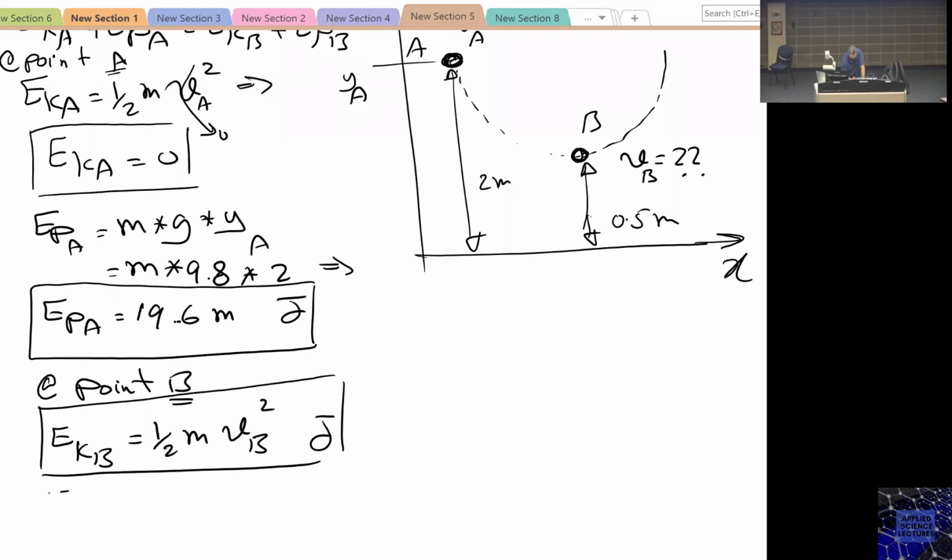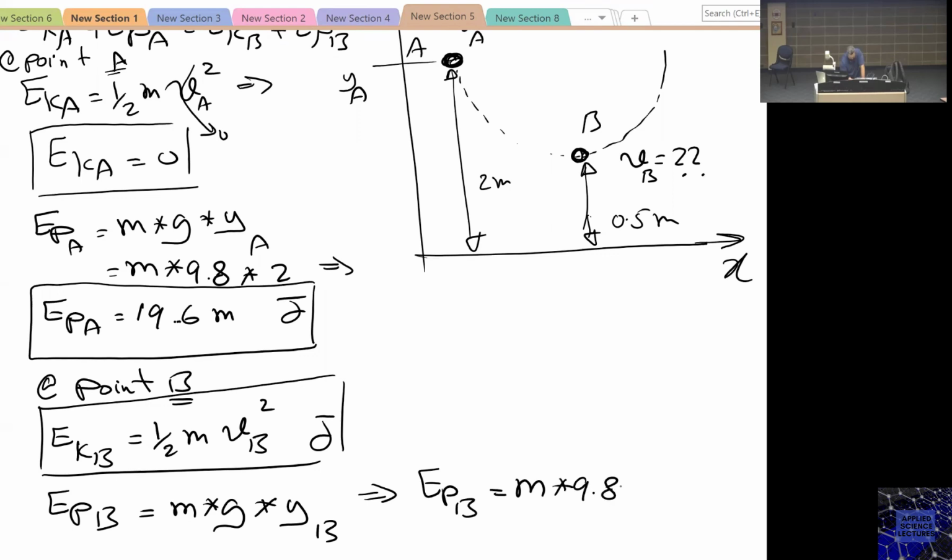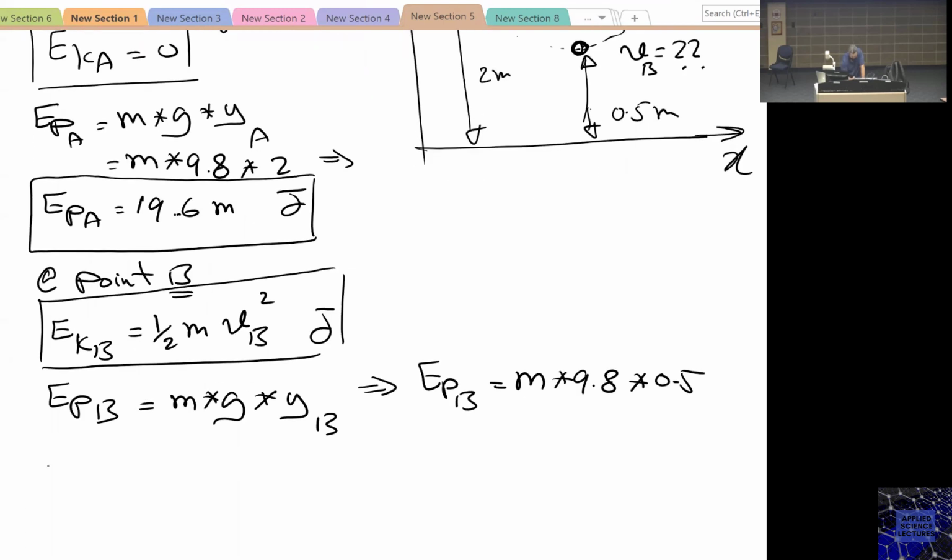And I have EPB equals m times g times yB, and EPB is m times 9.8 times 0.5. EPB is 4.9 m joules.